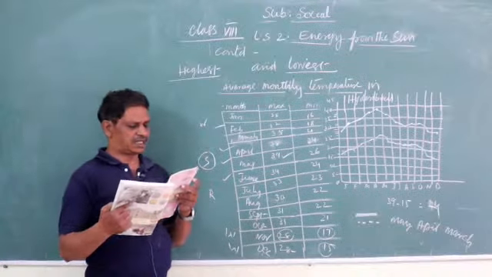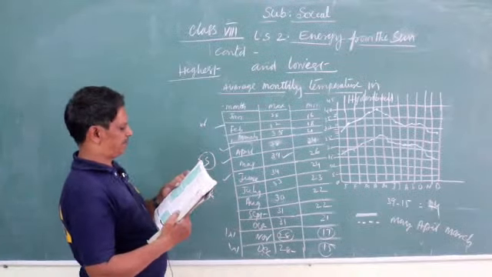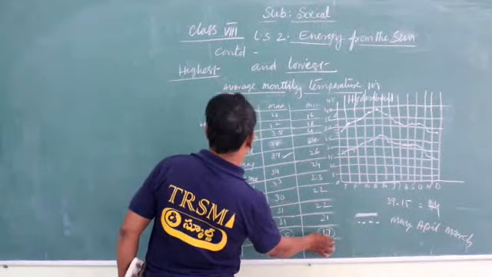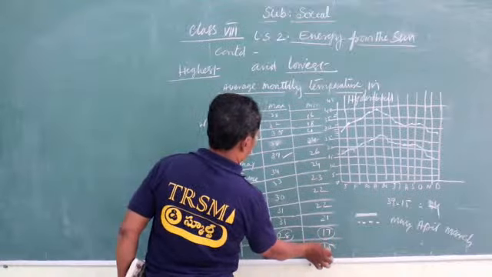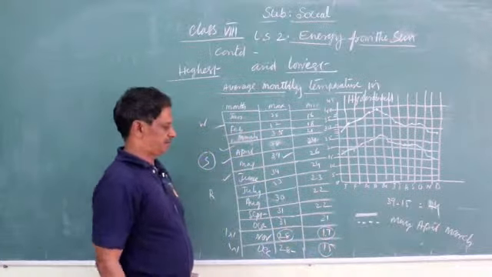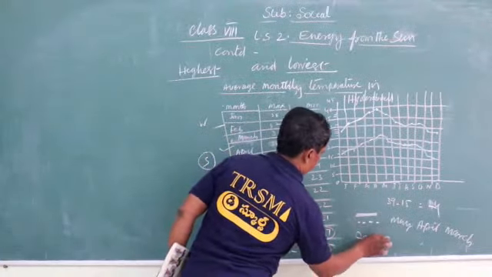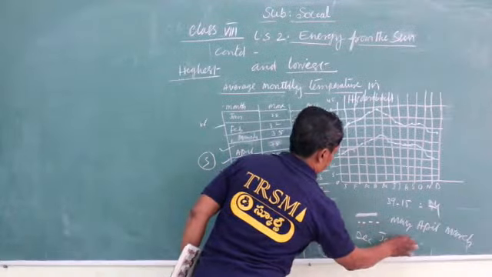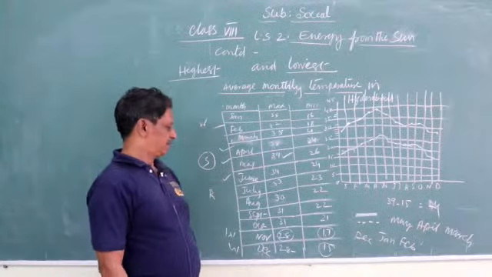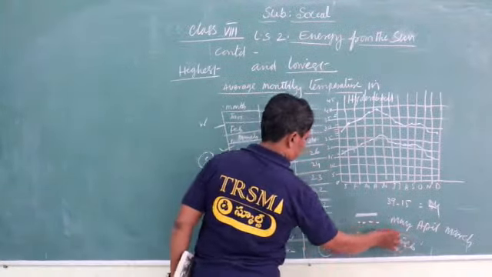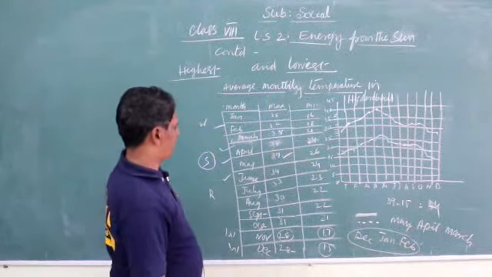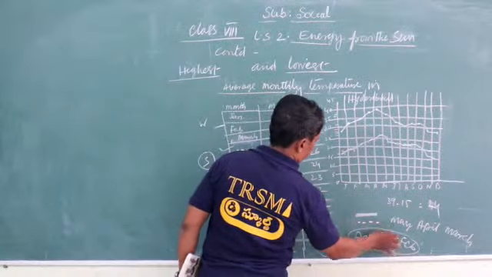Which 3 months are the coldest? December, January, February. See here the differences. These are the coldest months. If you compare the 3 months, January is the coldest month.